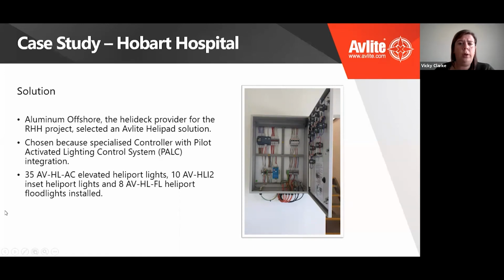So this single control box provided power and performance control for 35 elevated heliport lights, 10 inset lights and 8 floodlights, outlining the edge of the helipad, the approach direction indicators and the floodlights respectively.